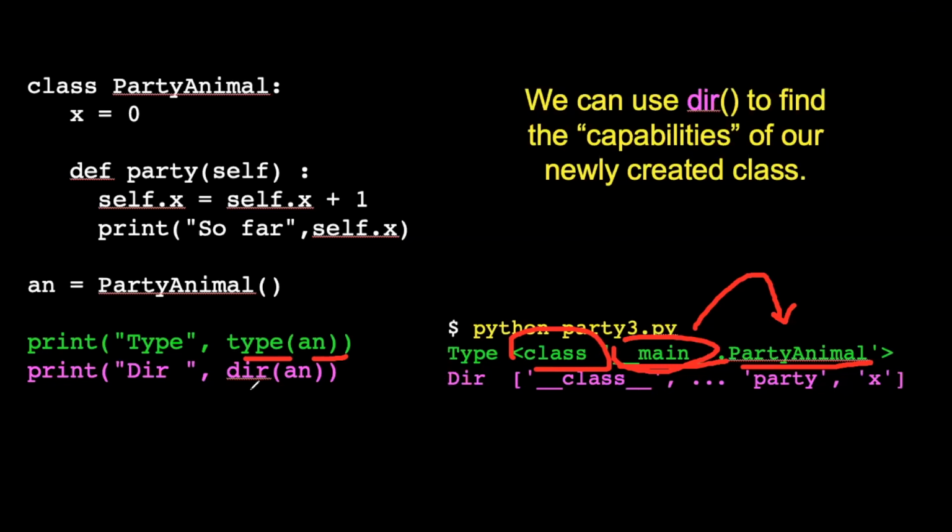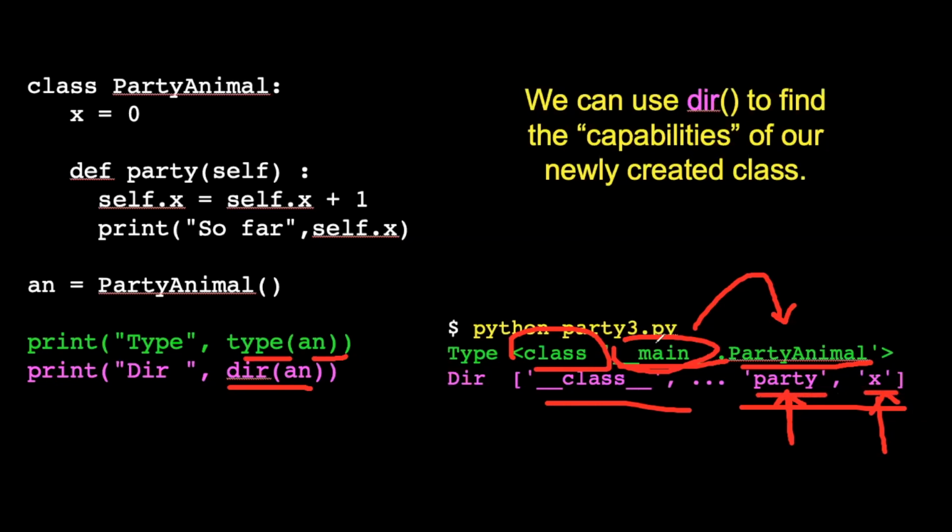Okay, so that said, you can also do a directory on AN, and you can see that it has several attributes that are part of your native Python, so you don't have to worry about that. But it also has a method called party, and a property called X. Both the method and the properties are displayed as part of the directory on AN.